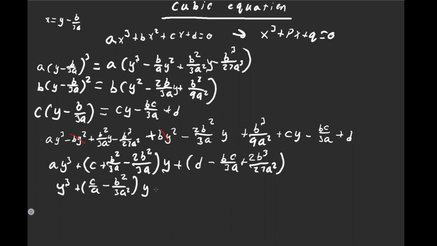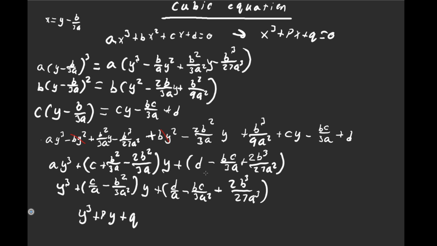And we also end up getting plus d over a minus bc over 3a squared plus 2b cubed divided by 27a cubed. And we could set these to y cubed plus py plus q. And we see that we managed to make this entire expression into the cubic up here, but instead of x, it is in terms of y. So with that out of the way, we can see that we finally depressed our cubic.